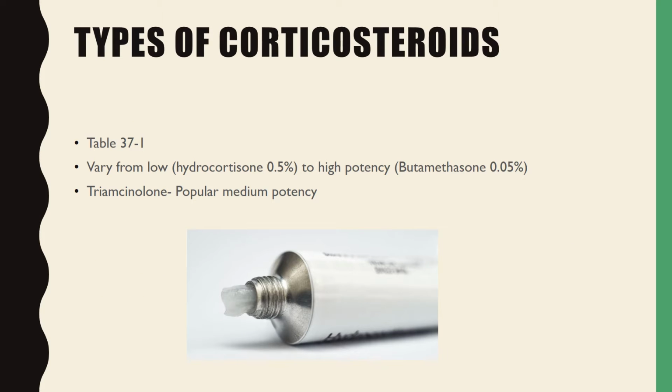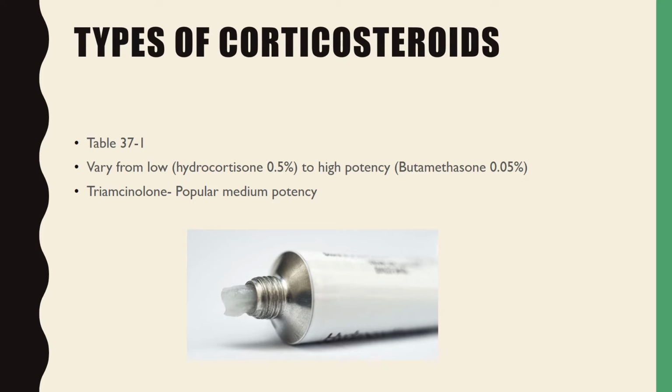So there's different types of corticosteroids, and I'm not going to cover this again, so I wanted to touch base with it. I may just say prescribe a corticosteroid, and you need to decide what potency you're going to use, and they range from low to high potencies. Table 37.1 is a great table that lists all the different corticosteroids and their potency and how to prescribe them.